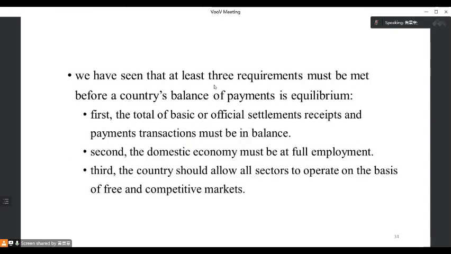We have seen that at least 3 requirements must be met before a country's balance of payments is in equilibrium. First, the total basic or official settlements receipts and payments transactions must be in balance.